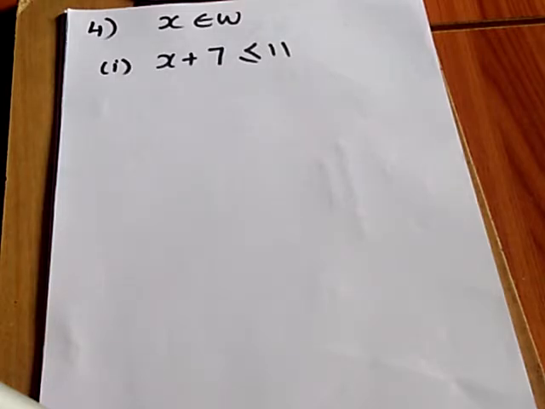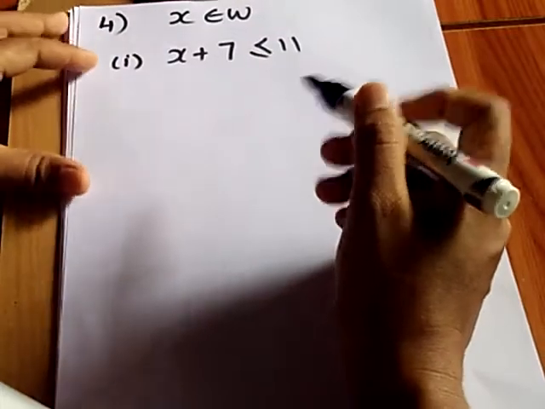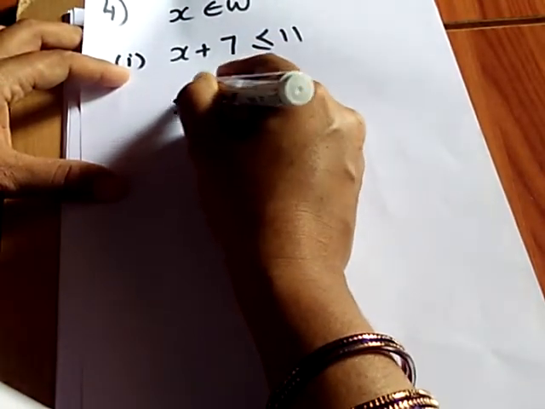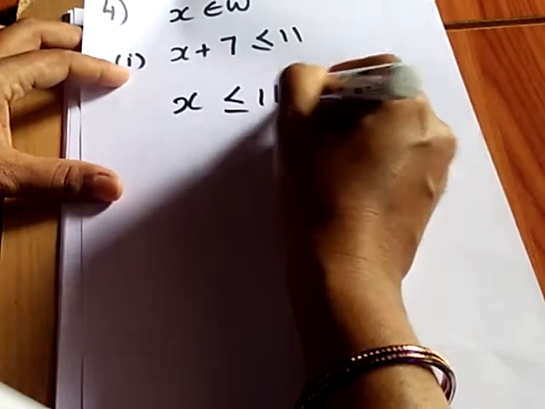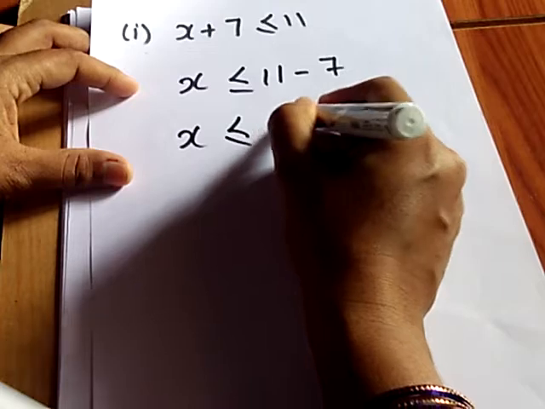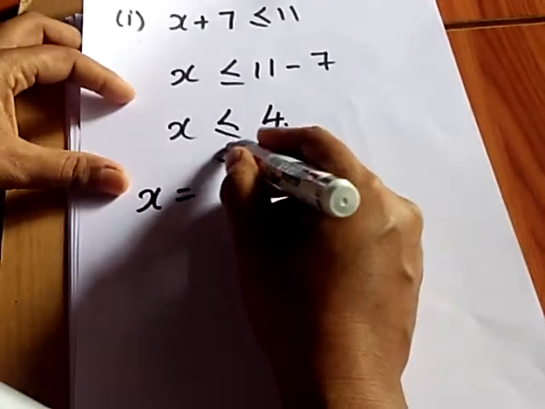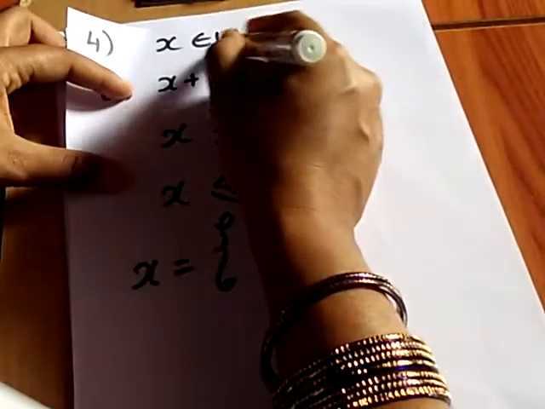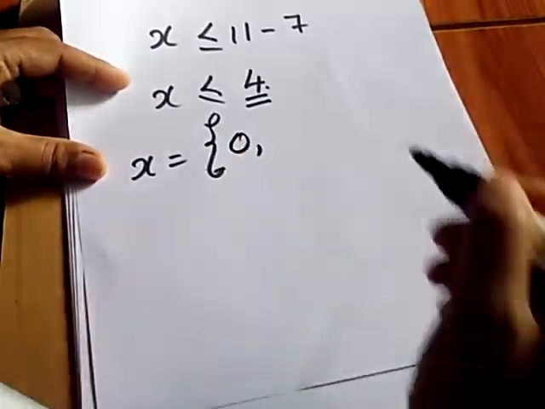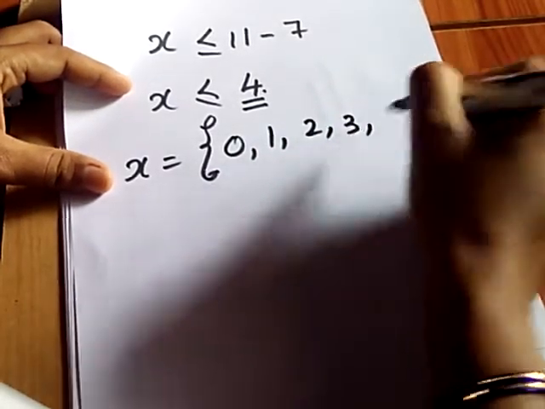So very simple calculation. Just try to understand how to apply the mathematical rules while shifting. So here let me consider x less than or equal to 11 minus 7, x less than or equal to 4. So the solution set is x less than 4, as it is a whole number, I need to begin with 0, 1, 2, 3.